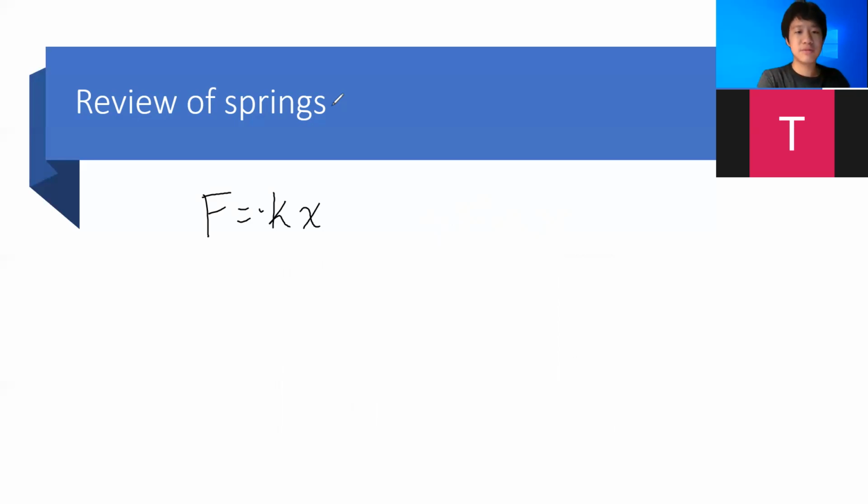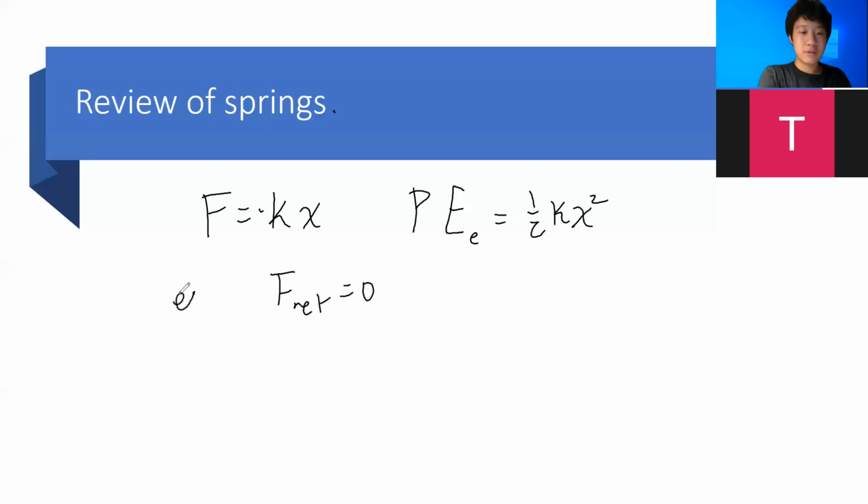So one other thing you guys should remember about springs is that the energy of a spring, the elastic potential energy, is 1/2 kx squared. All right, and then what else is there? Well, the equilibrium point. The definition of the equilibrium point, once again, is F net equals 0 at the equilibrium point. That's the definition of it.